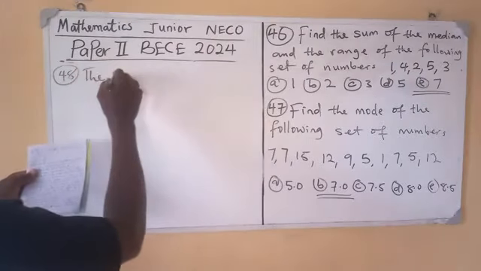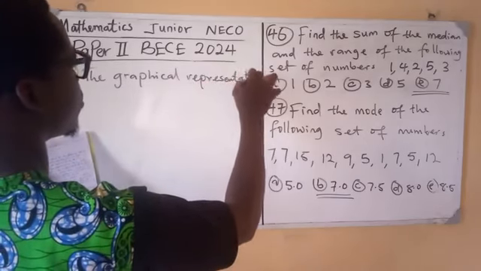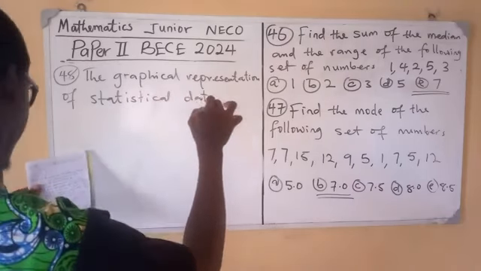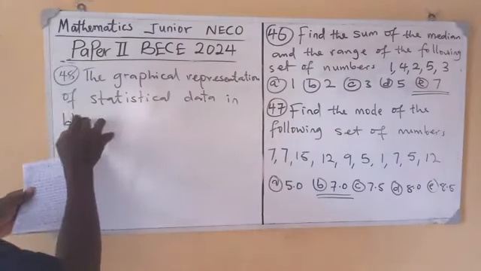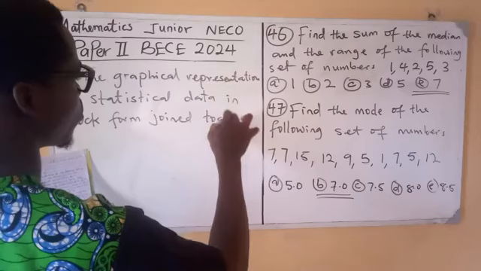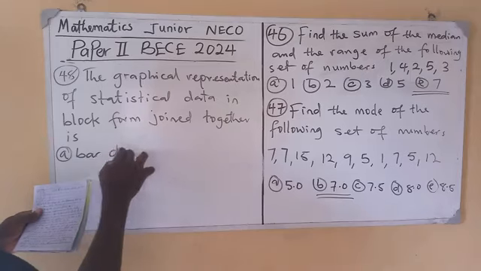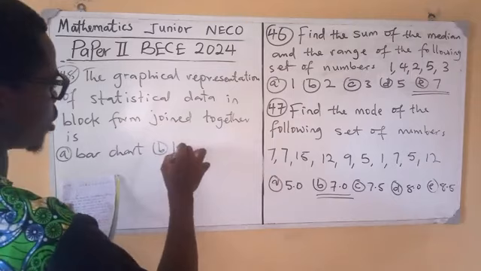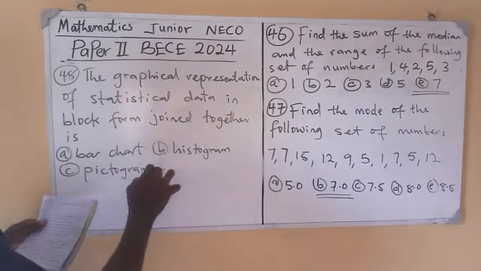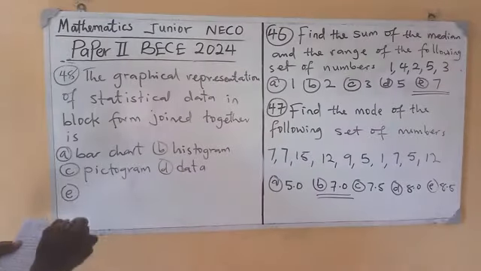It says, the graphical representation of statistical data in block form joined together is A, bar charts, B, histogram, C, pictogram, D, data, and E, pie charts.